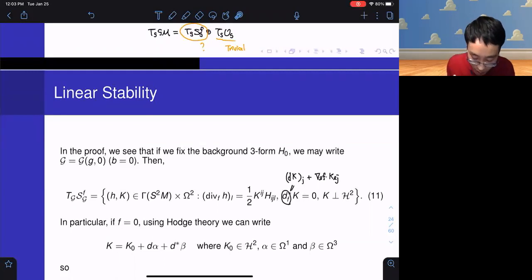Okay, so we have some relation between the divergence of H and K. This is the key point.